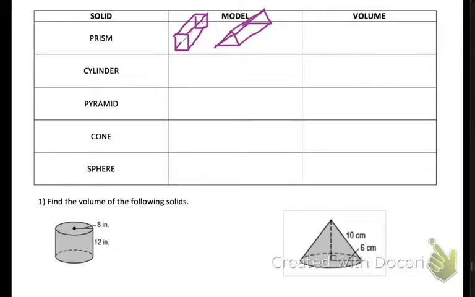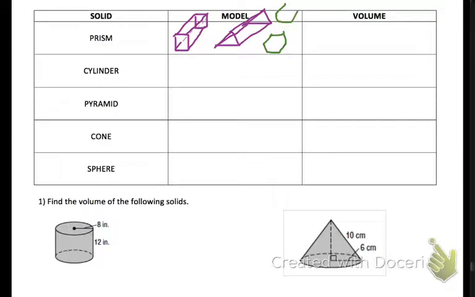Prisms have rectangular faces that kind of wrap around the shape, and then there are also the bases. The bases are parallel and congruent polygons. Now last year in geometry we had hexagonal prisms. Do a little hexagon, 6 sides.